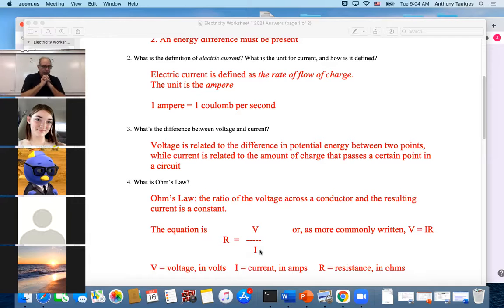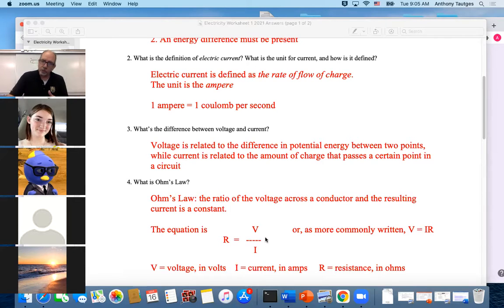I don't want to take the class time, but what I could do is have a resistor, like a light bulb in a circuit, have current run through it from a battery, measure the voltage, measure the current, and then change the voltage and do it again, adding a battery, measuring the voltage and the current again, and do it one more time, 4 times, and then make a graph of voltage versus current. Voltage on the vertical, current on the horizontal, and that graph would be linear.